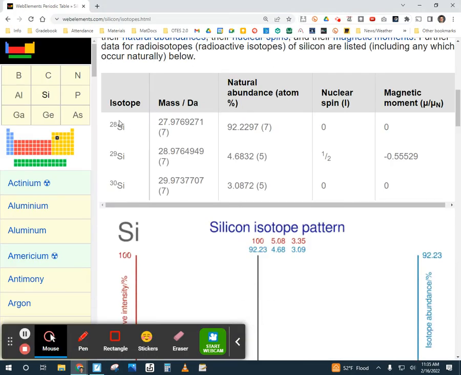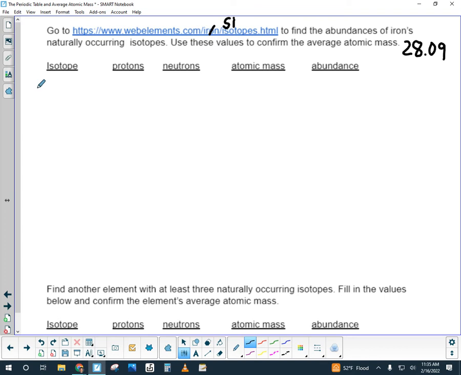So I'm going to list isotopes with mass number 28, 29, and 30, and we'll break down what that means. So 28 Si. And although this page doesn't use it, in this notation, you will sometimes see the atomic number written as a subscript.